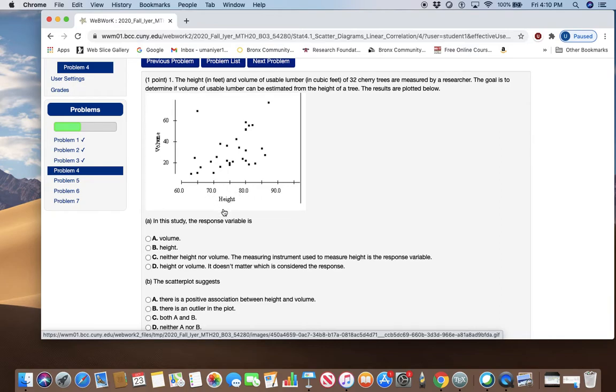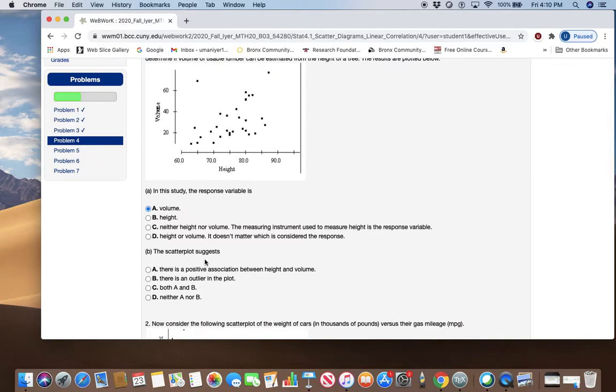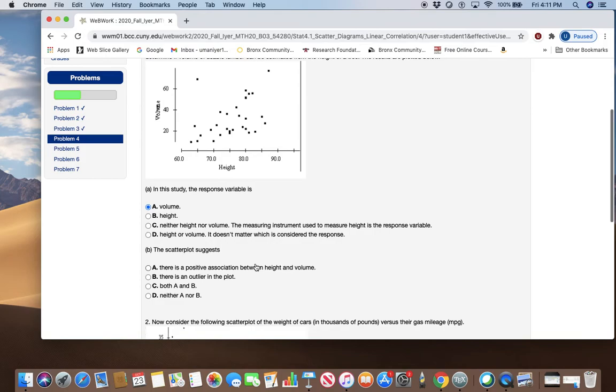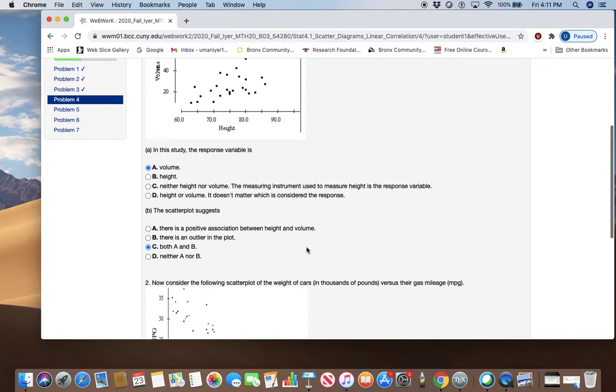Height is the explanatory, so the response is the volume. What does the scatter plot suggest? This to me looks like a positive association. There is an outlier also, so I would say it is both A and B. They are all positively related except for this one guy, so that's an outlier.